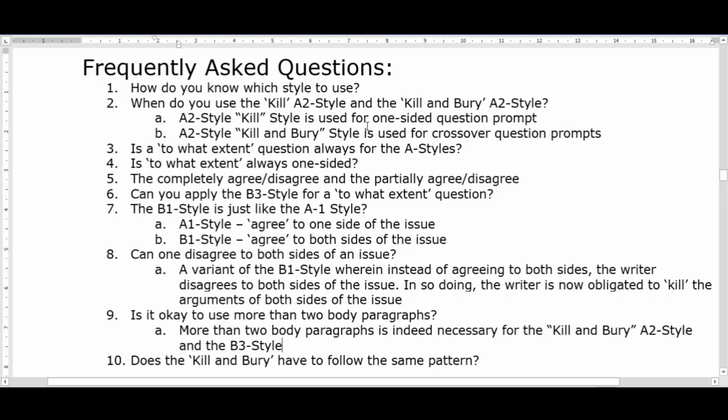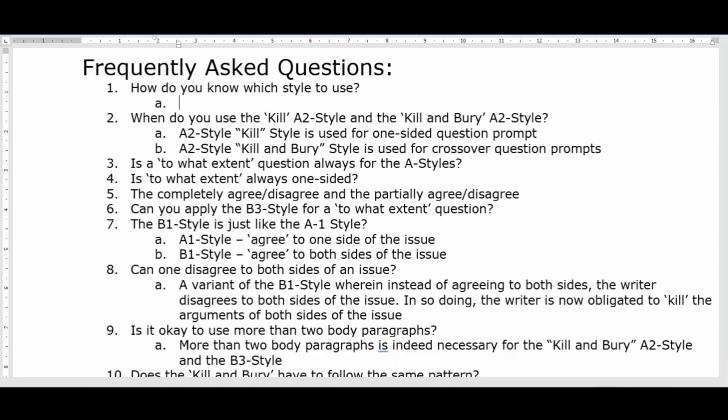Alright, so having answered all of those, we're now going back to question number 1, which is asking, how do you know which style to use? So clearly the answer to this question is for one-sided or for crossover controversies.